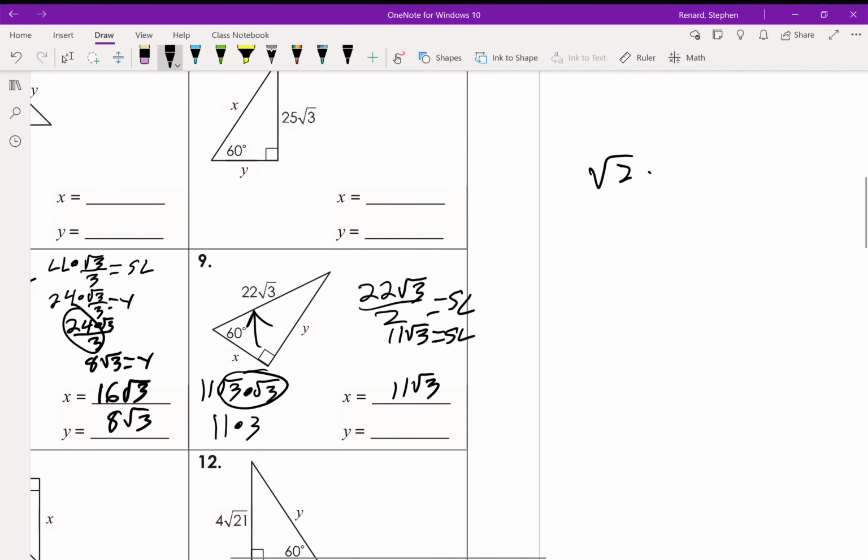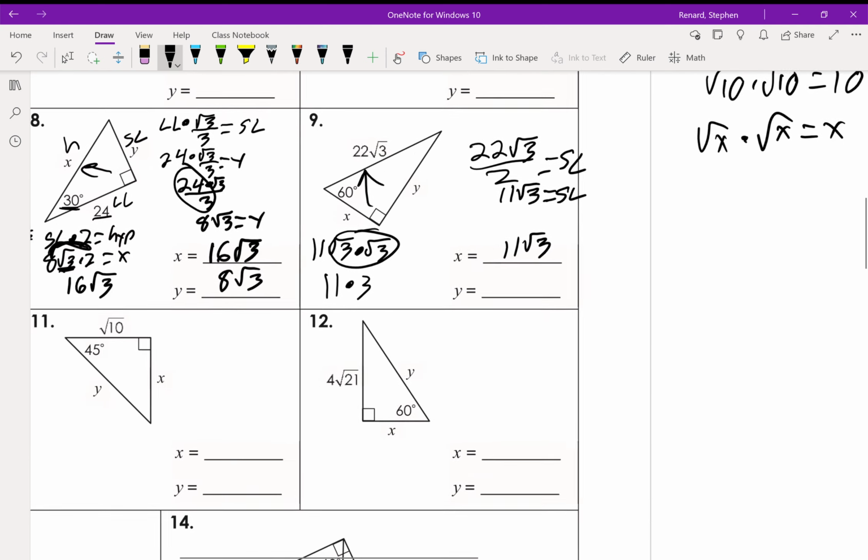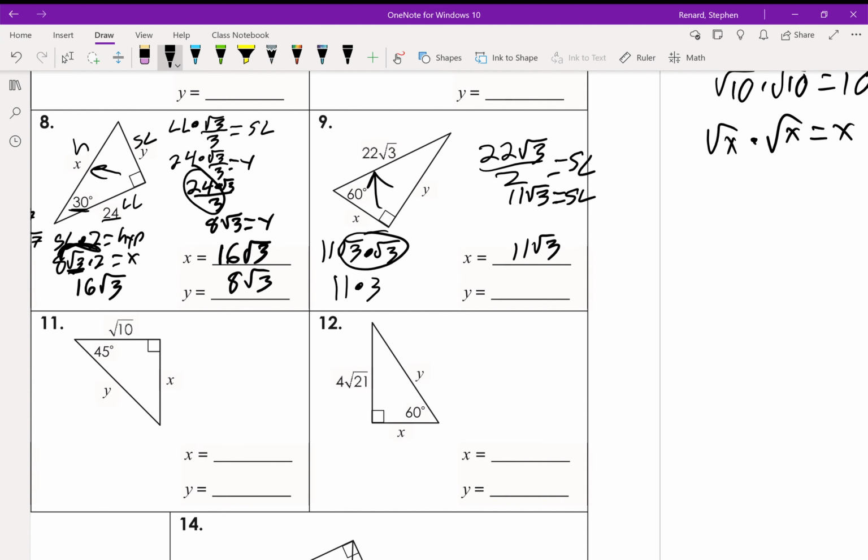Square root of 2 times the square root of 2 equals 2. Square root of 10 times the square root of 10 equals 10. Square root of x times the square root of x equals x. It doesn't matter what number it is, because the square root is simply that number which, when multiplied by itself, equals whatever you're asking it. Pretty straightforward. So we have 11 times 3, or 33.